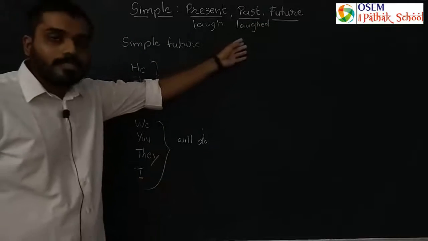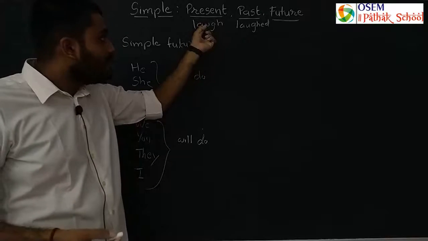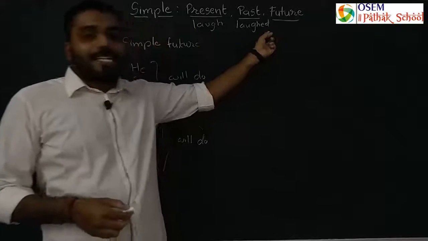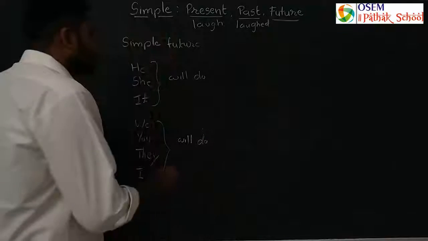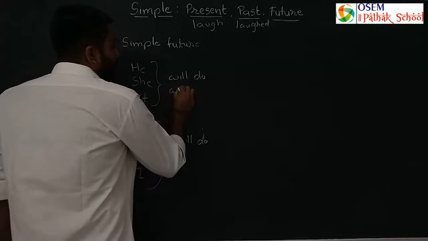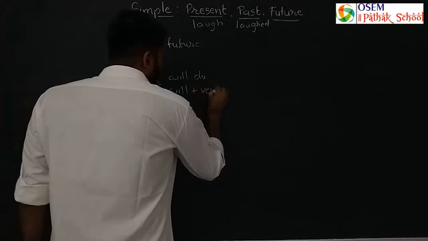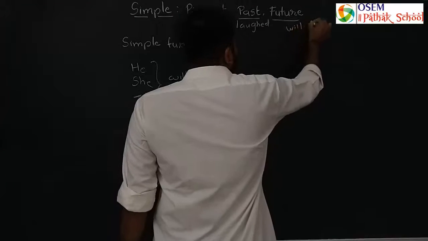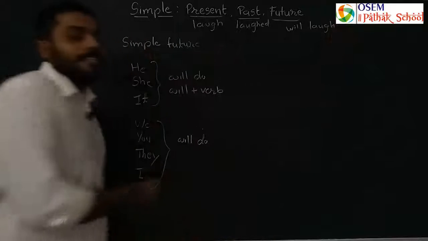So in future tense, remember this: in present tense the main verb is laugh, in past it is laughed, where we add ed, and in future it will become will plus verb, that is, will laugh, right?